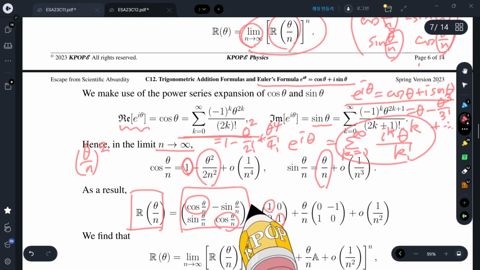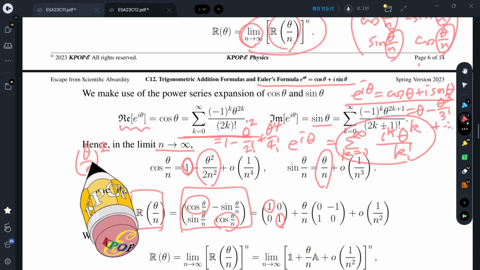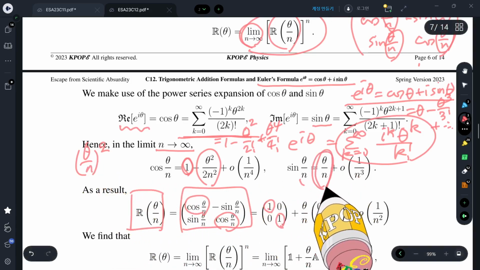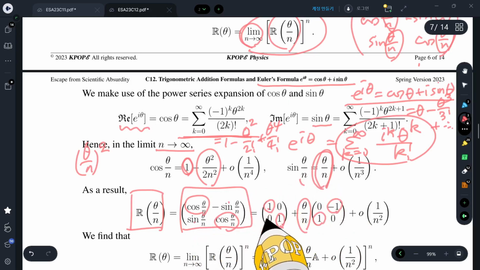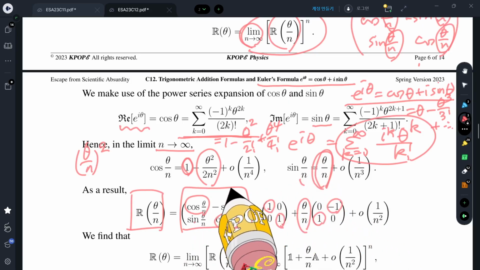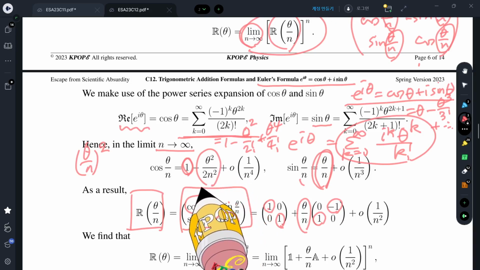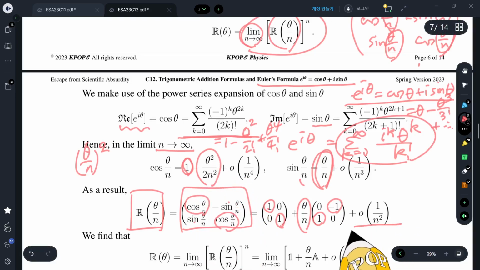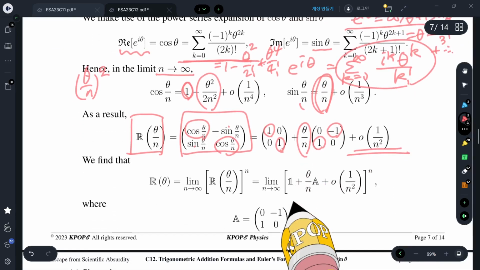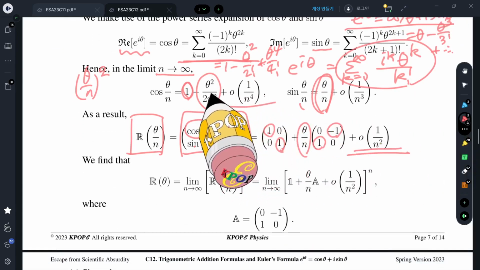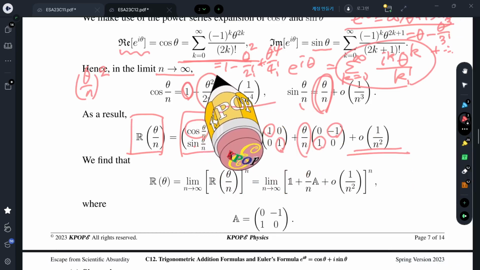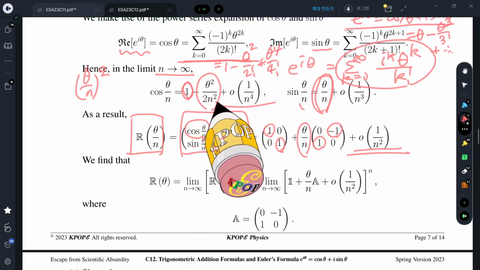And the subleading contribution is proportional to theta over n, that appears here and here with minus 1 and plus 1. Okay, and then the next order is theta squared over n squared. So we keep everything of order theta over n squared and higher as a remainder.